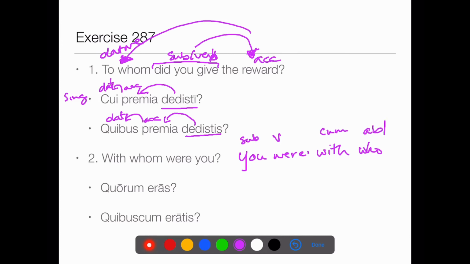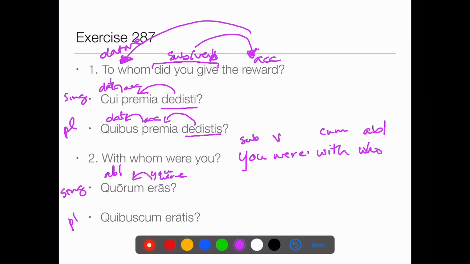So for number 2, in the singular, we'll have the plural in a minute, but in the singular we have you were, which is right here, eras, and then quorum is in the ablative, and there's no cum in this.